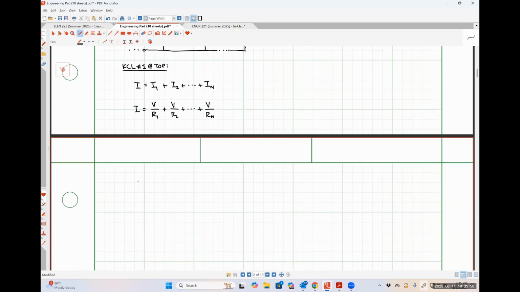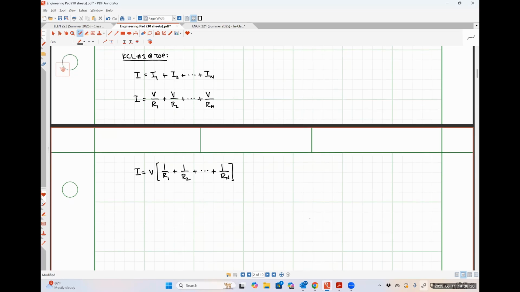So continuing on down here, that would look like I is equal to V multiplied by a factor of 1 over R1 plus 1 over R2 all the way out to 1 over R sub N, like so.